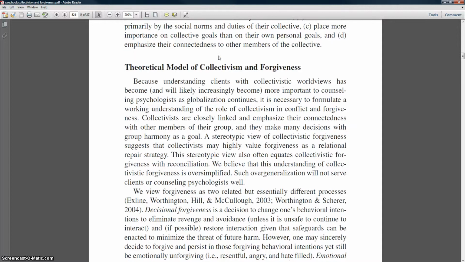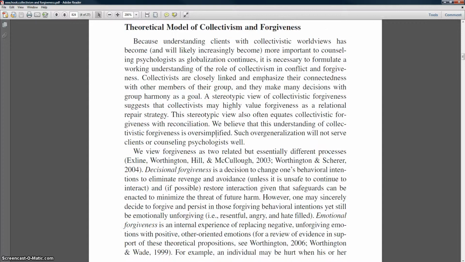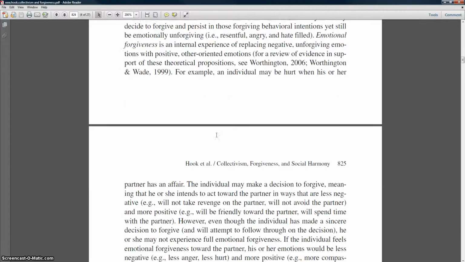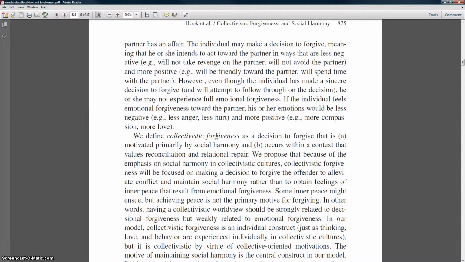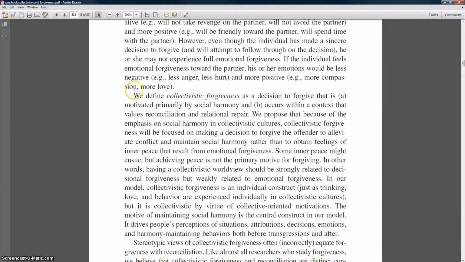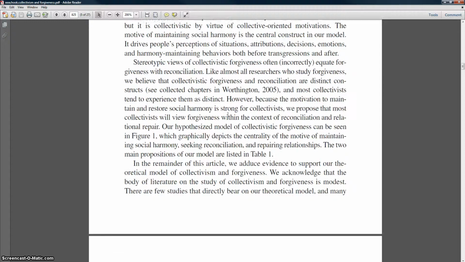And so then basically Josh reviews some theory on collectivism and forgiveness, talks about a theoretical distinction between emotional and decisional forgiveness, and also gives a definition of collectivistic forgiveness.